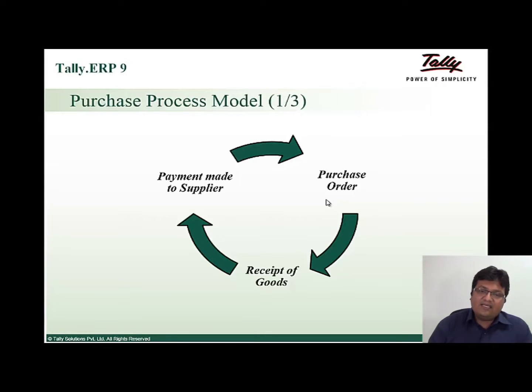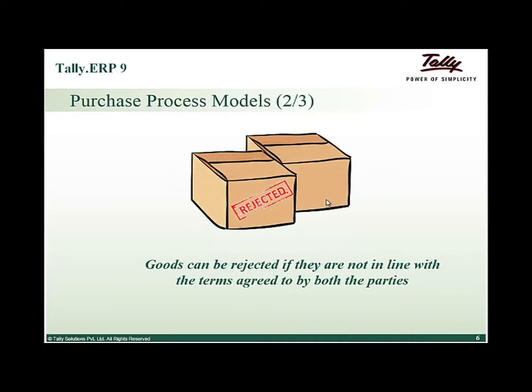However, there is another model which says in any purchase flow, if at any time I find that the goods which are supplied to me are not in line with whatever terms I had agreed with my supplier, I have full rights to reject them and send it back to them.